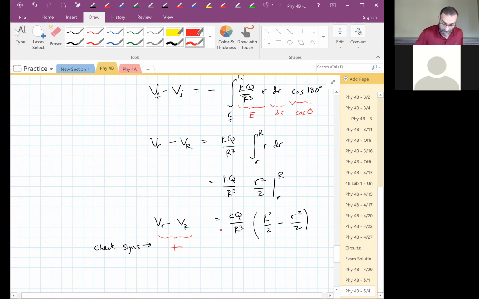This is just a bunch of positive constants, right? This is positive. And this has to be positive because little r is smaller than capital R, right? We're inside, right?